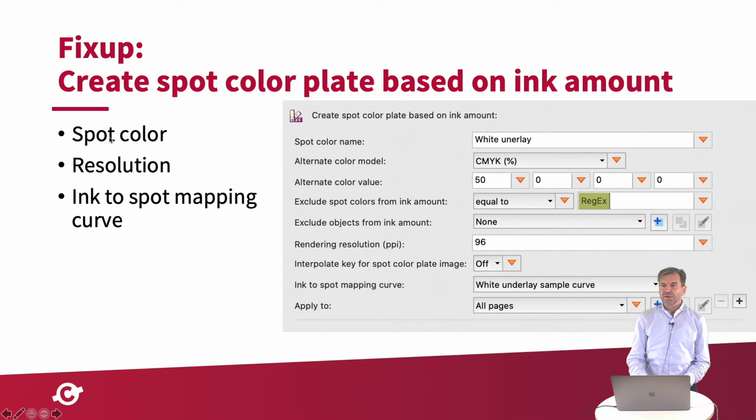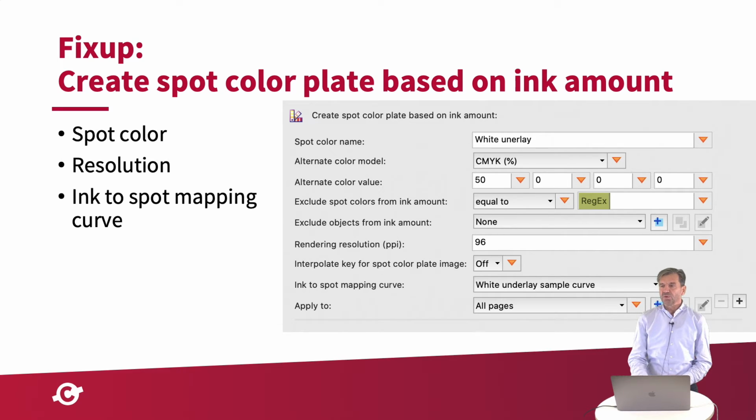Most importantly, it lets you define a spot color name and also some alternate color for that spot color, which is 50% cyan, so that you are able to display something. Then the resolution that you would use in order to calculate the ink amount.